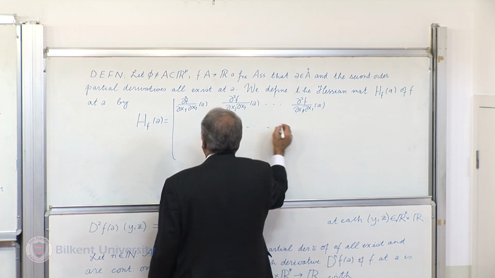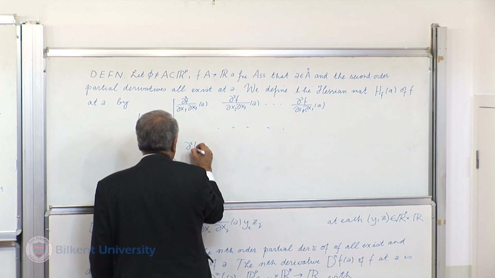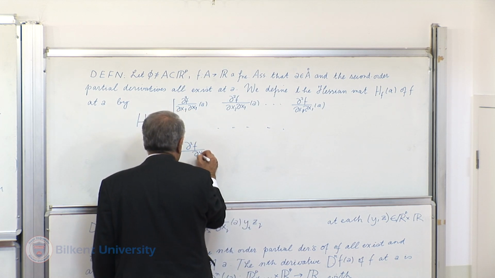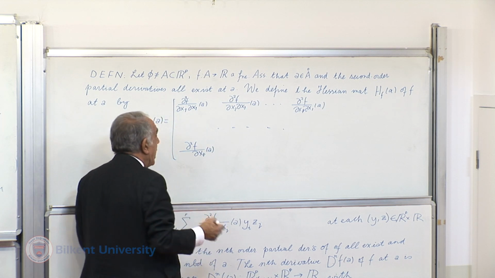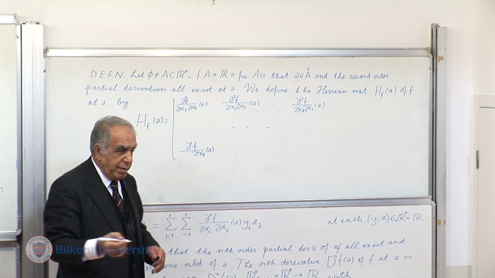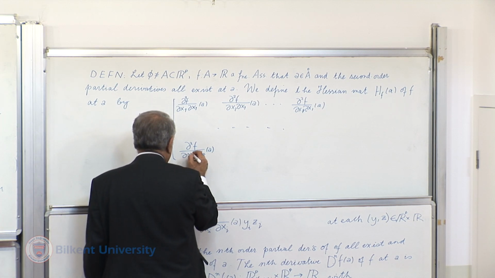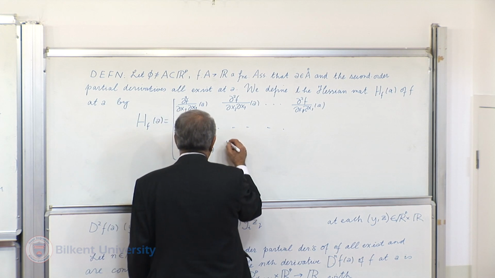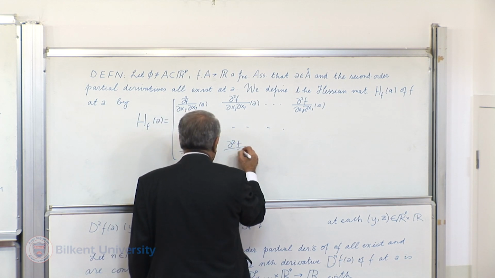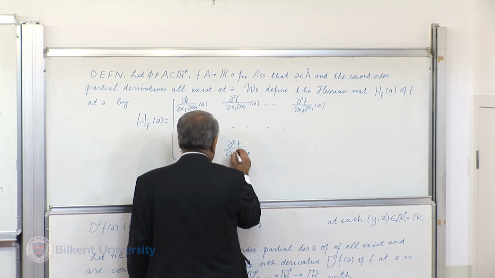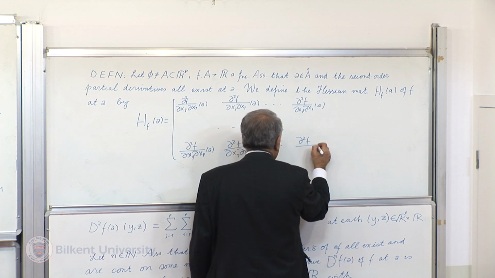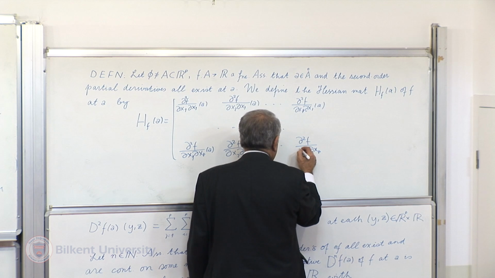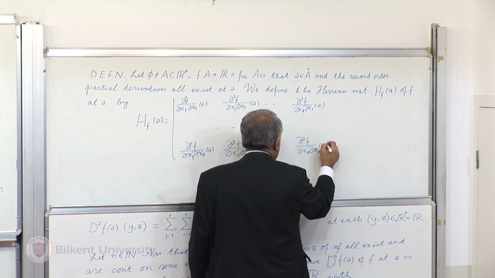And finally, the last row will start with the partial derivative of f with respect to xp, and take its partial derivatives with respect to the various variables: del 2f, del xp del x2 at a, and finally del xp del xp at a.